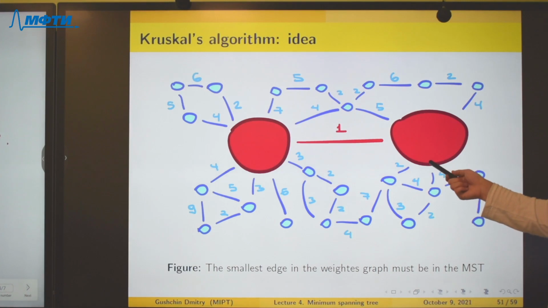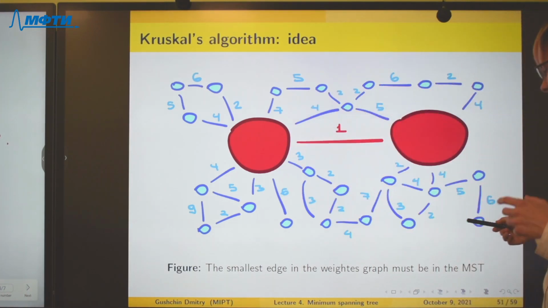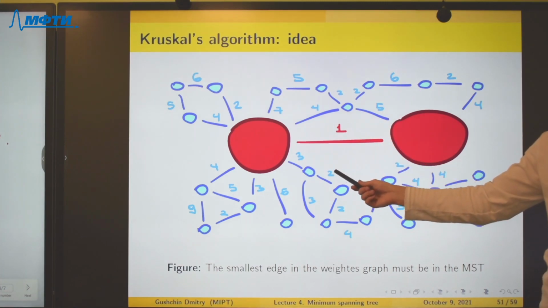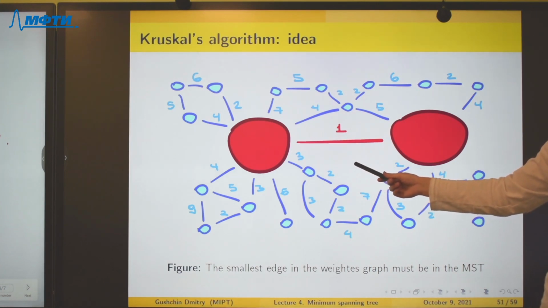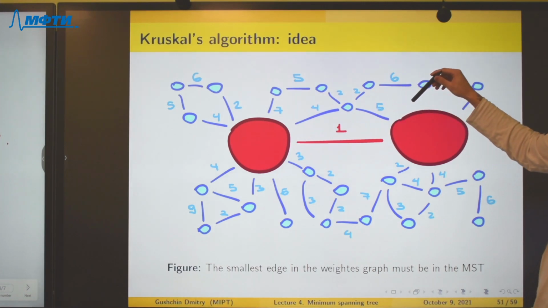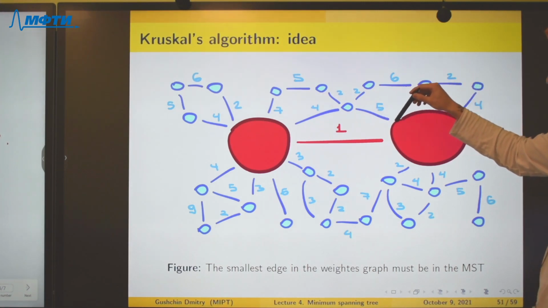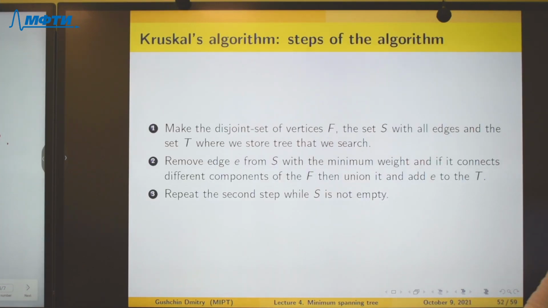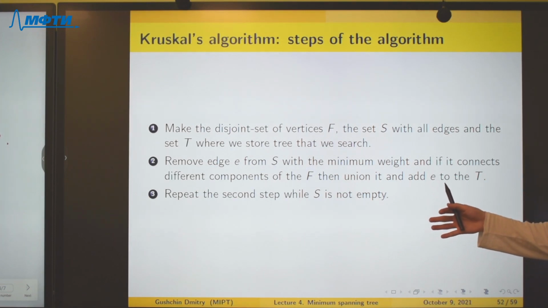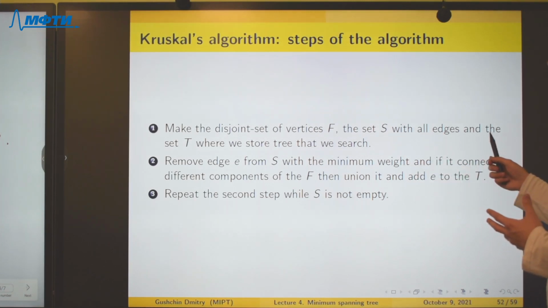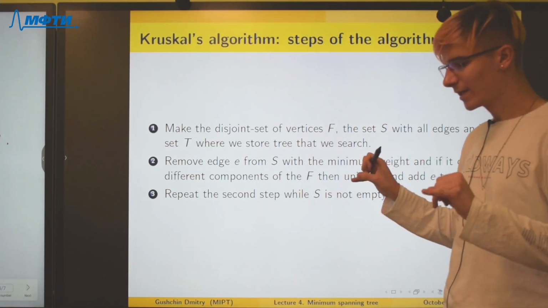So the main idea is that if in the graph there are different edges with weights, but this edge has the minimal weight, then in each minimal spanning tree this edge will be contained. So in Kruskal's algorithm, we make a disjoint set, as in Boruvka's algorithm, of the vertices in the graph, and then we connect them.